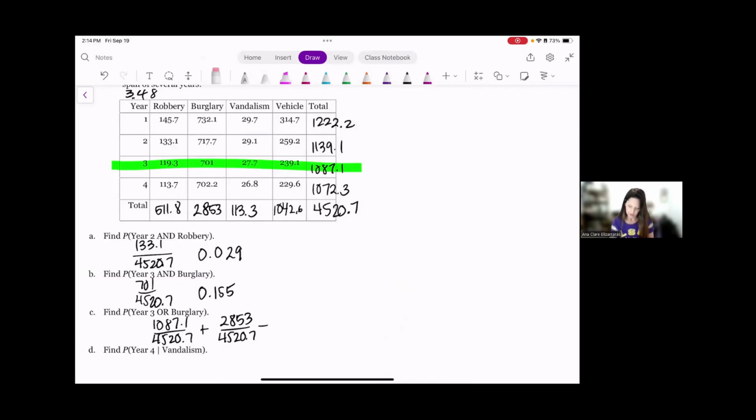It's hard to see there. It's 701 over 4,520.7. I am going to add 1087.1 plus 2853, and then I'm going to subtract 701. That's going to give me 3,239.1, and then I divide that by my total to get a decimal, which gives me 0.717.